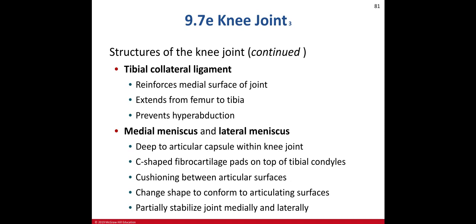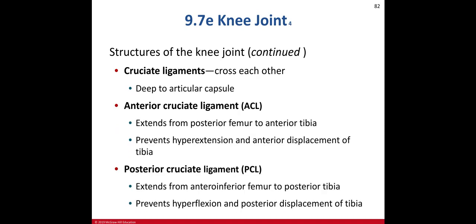The medial meniscus and lateral meniscus is this pad of cartilage that is going to cushion the joint, the articular surfaces, and it's going to change shape. Then your ligaments, your ACL, that is going to extend from the femur to the tibia to prevent hyperextension. And then the PCL is going from the femur to the tibia to prevent hyperflexion.